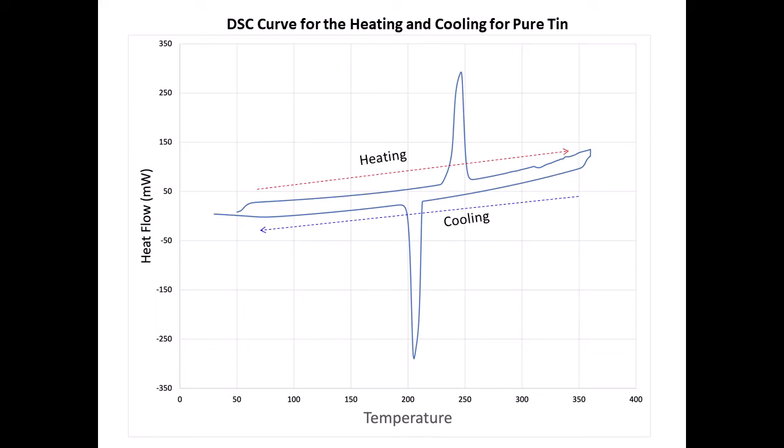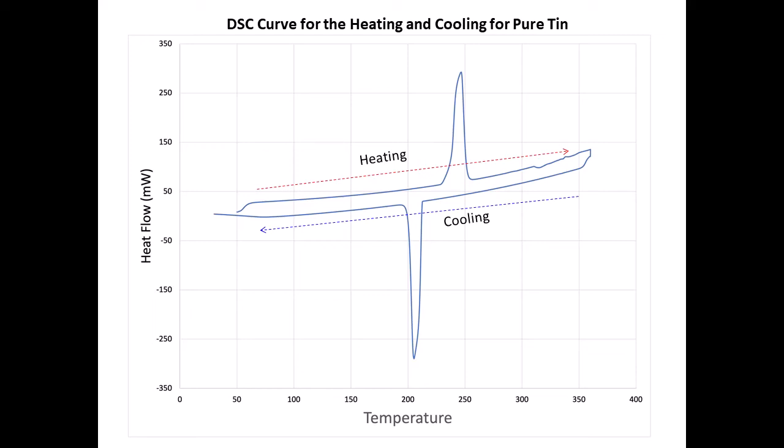As such, we can heat and cool at rates that don't achieve complete thermal equilibrium, and hence the temperature that a sample melts at and the temperature that the sample will solidify at can be different based on the rate at which we're extracting or inputting heat. In other words, it's possible to actually undercool the liquid on the cooling side, such that the solidification temperature is different than the melting temperature on the heating side.